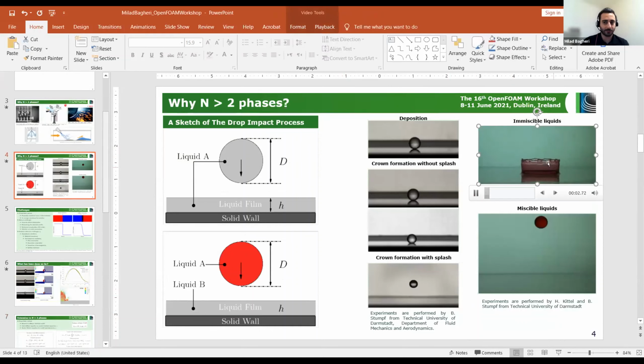If we would like to extend the methodology to miscible fluids, we need to deal with interfacial energy. And this is not a concept that is governed by interFoam, because interFoam works with calculation of the normals to the interface, but you really need to consider the energy associated to the interface to really understand what's happening for miscible and immiscible fluids.